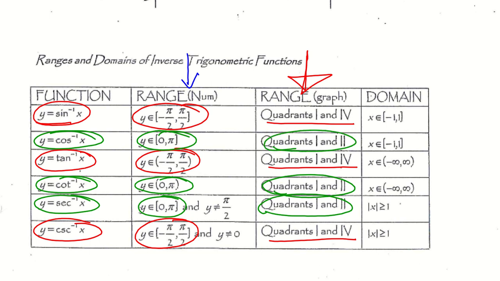So, inverse sine, inverse cosecant, inverse tangent will produce a quadrant 1 or quadrant 4 angle, inverse cosine, inverse secant, inverse cotangent, an angle in quadrant 1 and quadrant 2. You want to know that, that's what we're going to use.